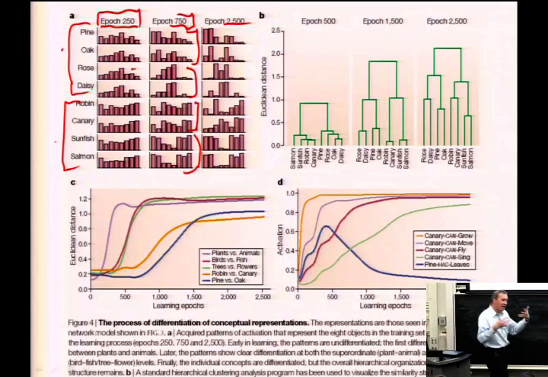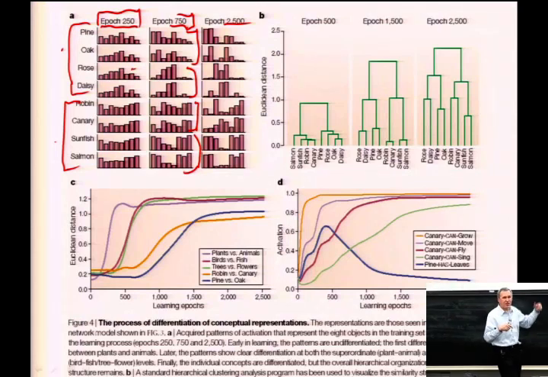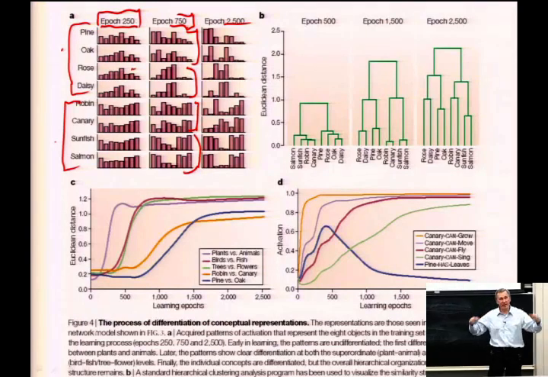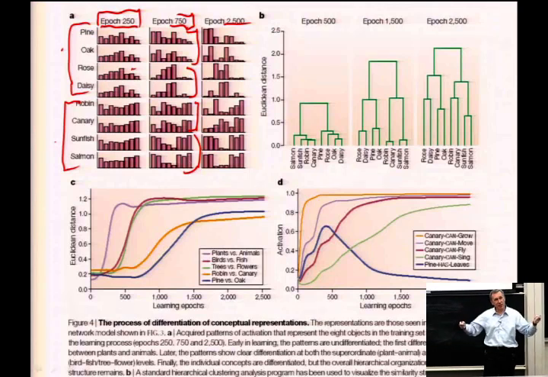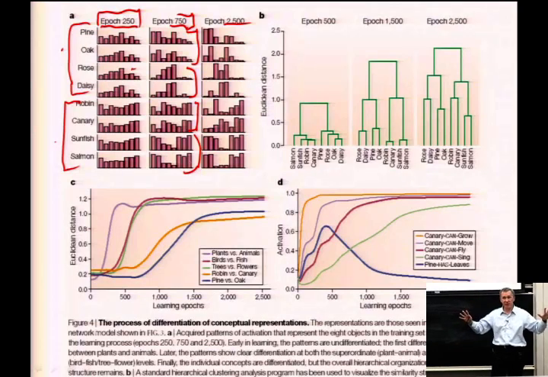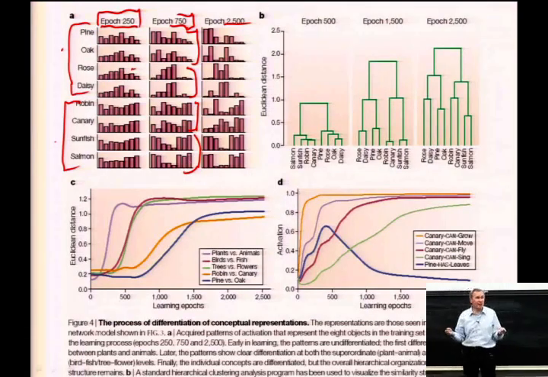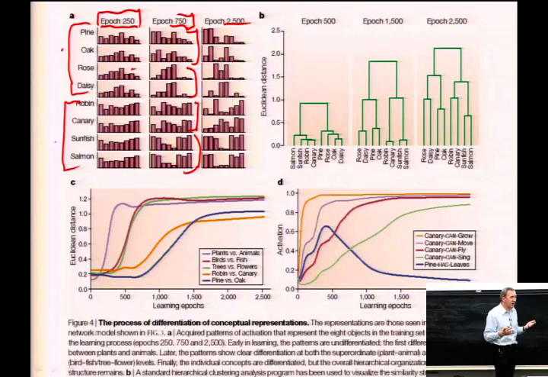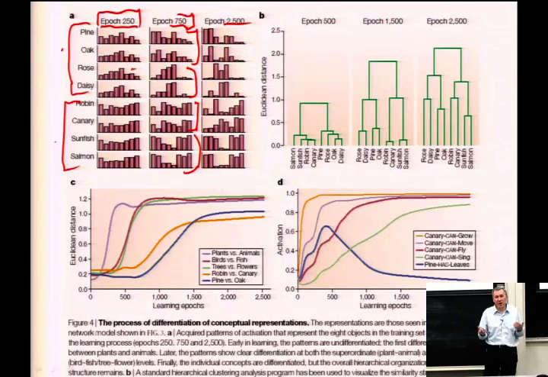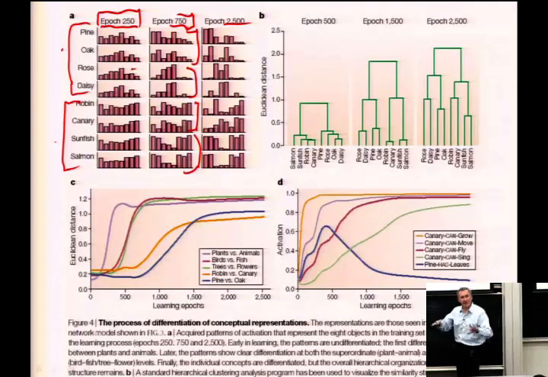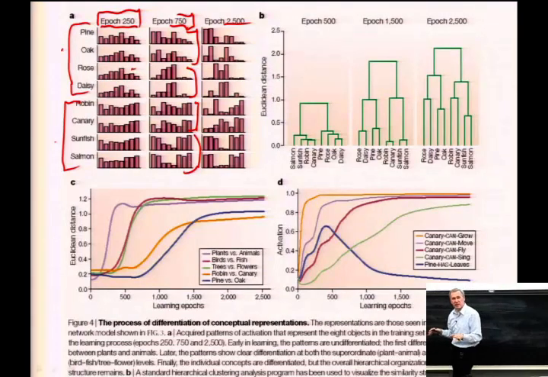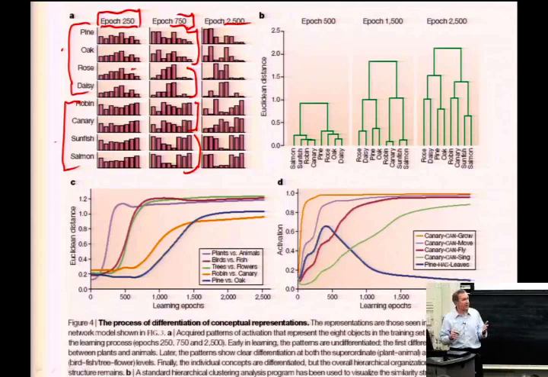Okay, so this is what they observe when they do this gradient descent procedure, training the neural network on a fixed set of assertions and tracking what happens as a function of the number of gradient descent steps. So it's as though the network is picking up early on in the training these gross distinctions. And then as it proceeds, it shifts around the representations with more gradient descent steps to pick up more structure.